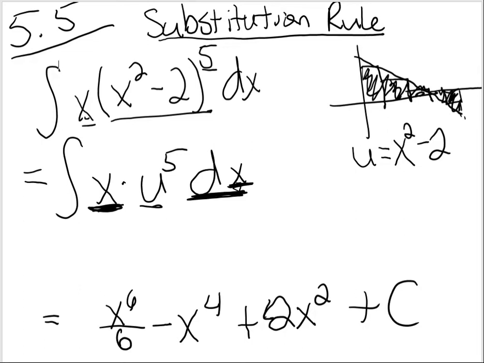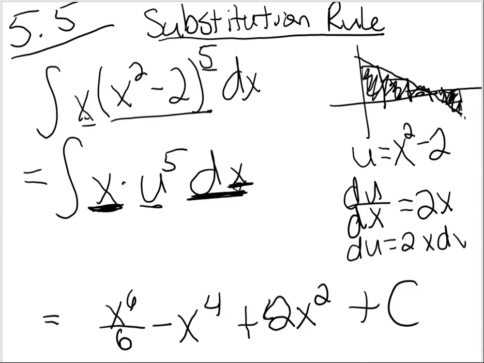Can I somehow write a du? Well, you could take the derivative with respect to x of u. You'll get 2x. And we can think about this as, well, let's just solve for du. du is 2x dx.